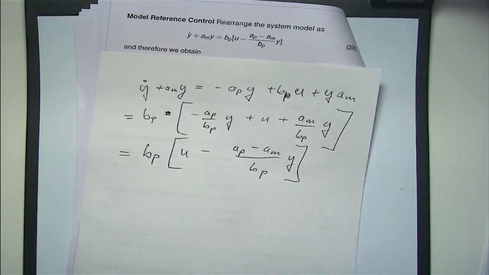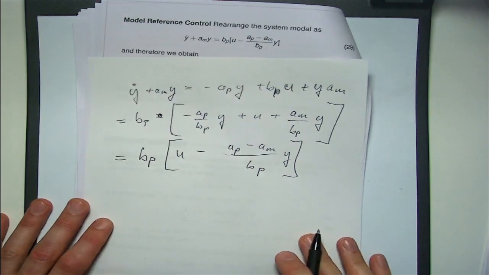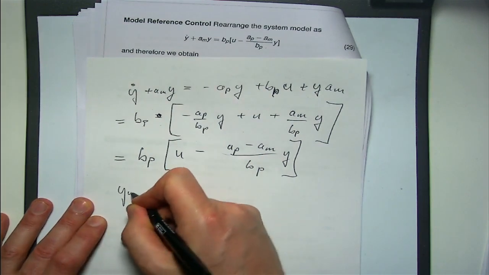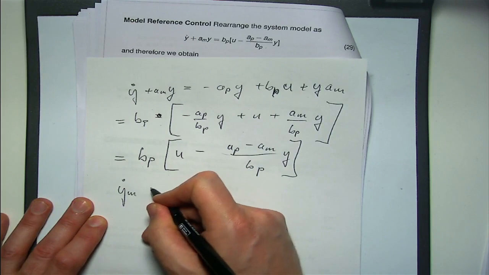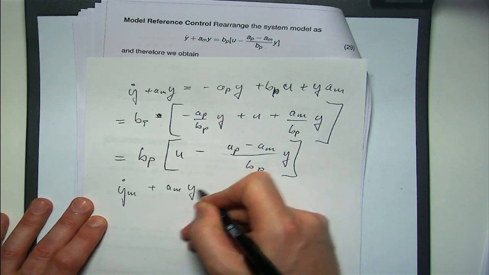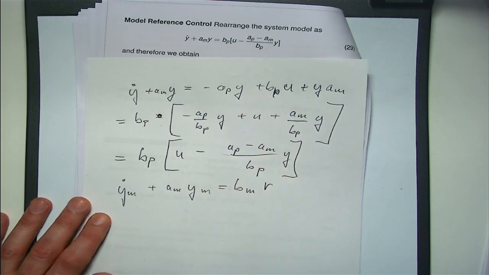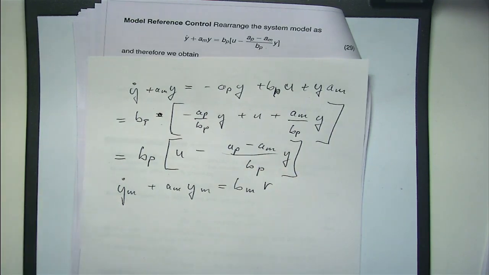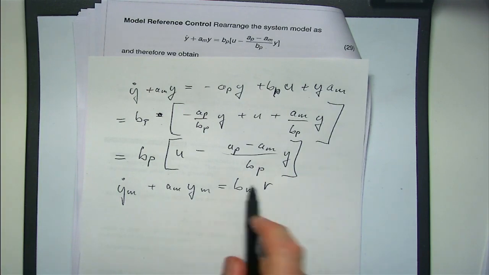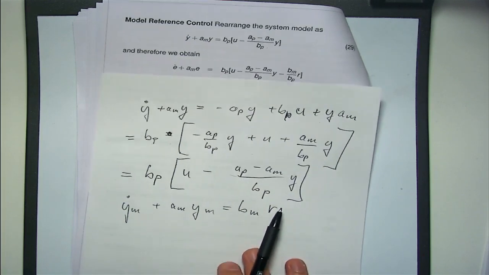So what we also have is our model reference behavior, and we want to drive y minus ym to be 0. So we know that we have ym dot plus Am ym equals Bm times r. That's our model reference behavior. All we're doing now is simply taking the difference of the two and taking care that the r appears within this bracket there.